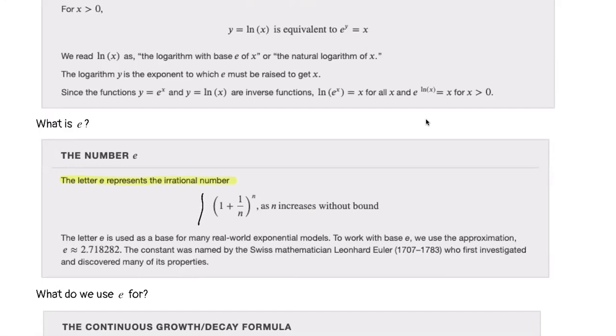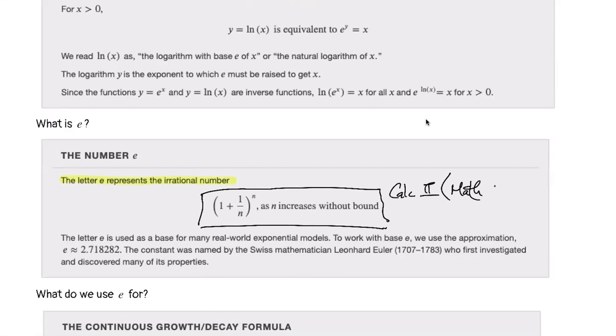I wanted to show you this because you'll see it again in Calc 2, or Math 151. We don't really need to know about it right now. I just want you to know that e is a number and it comes from somewhere, but you'll learn where in a later math course.